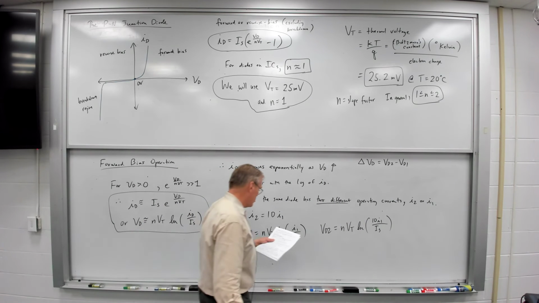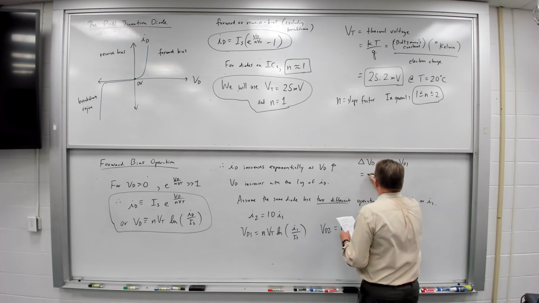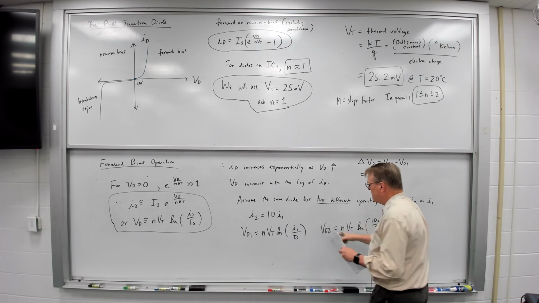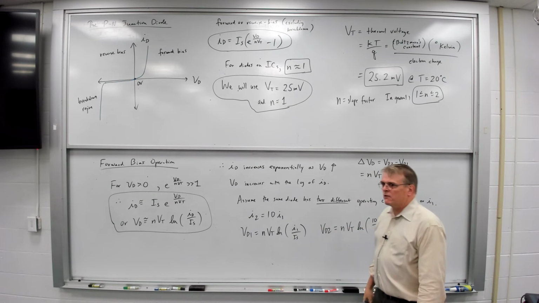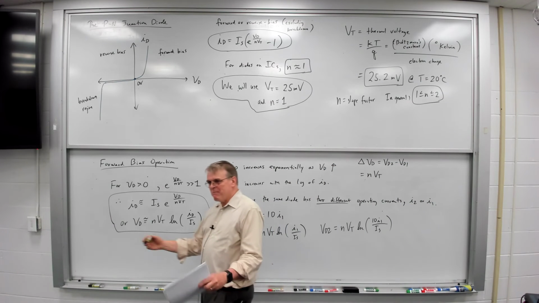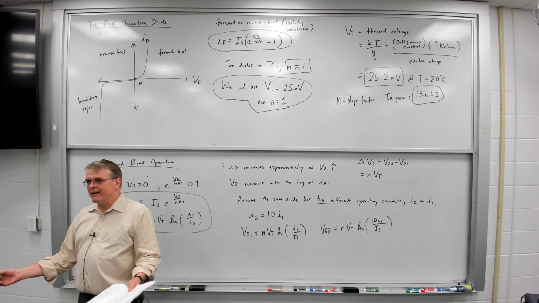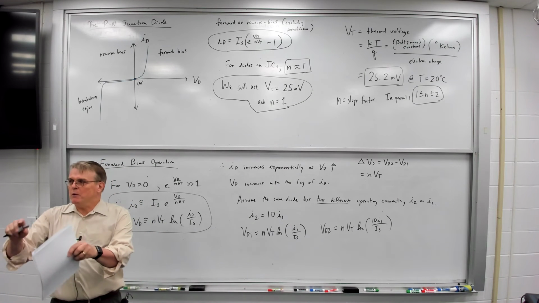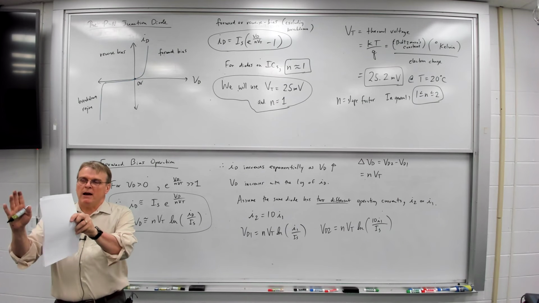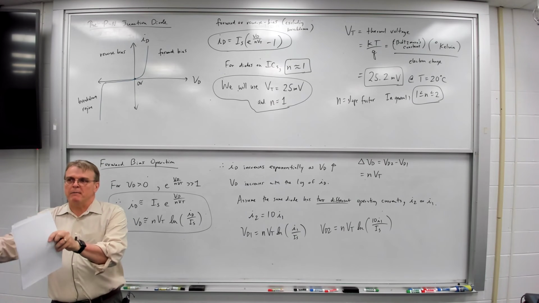Well, in that case, this is equal to N times Vt. If I group terms, I'll have one log minus another log. And if you remember how to do this mathematically, if one log is subtracted from another, you can take one term within that log and divide it by the other.